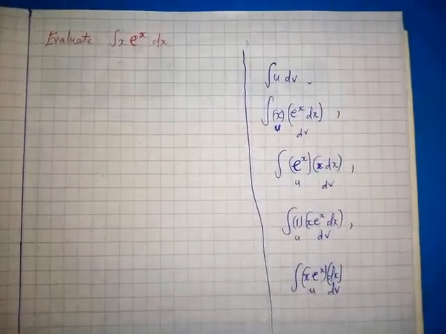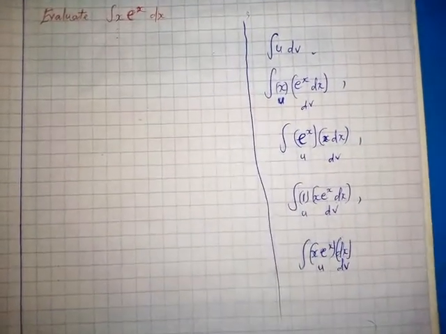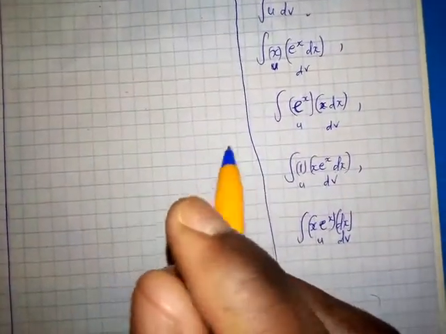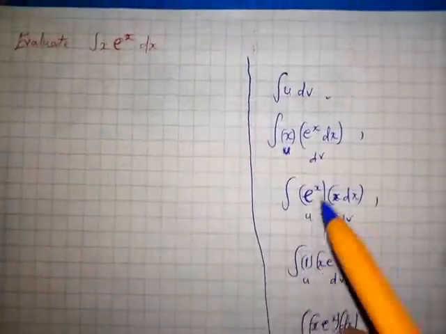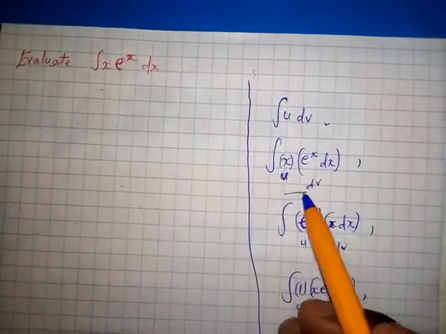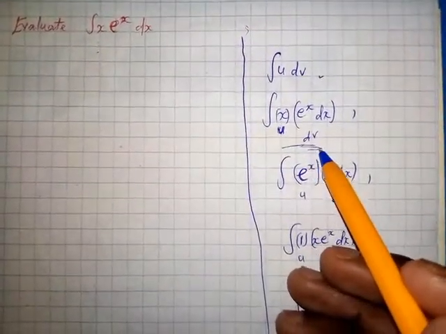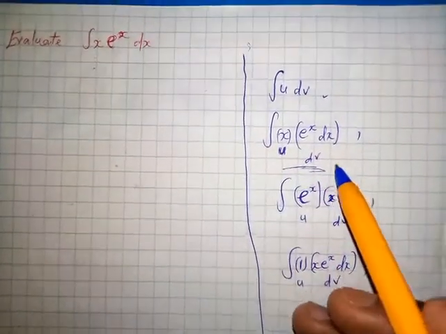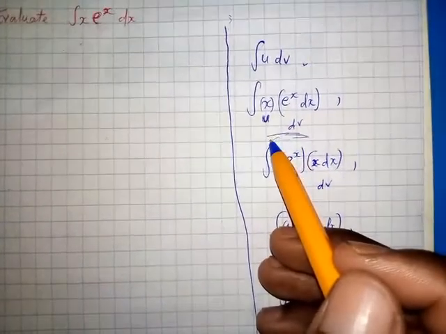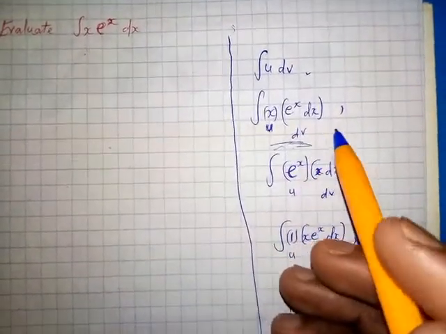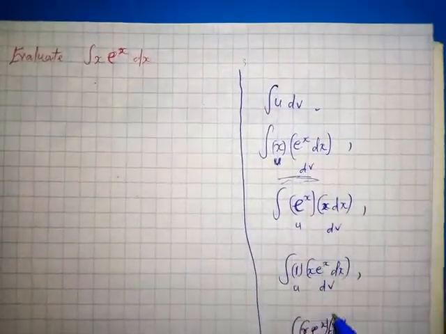Basing on the guidelines that I have stated, we will prefer the first option, because the derivative of u, which is x, is simpler.